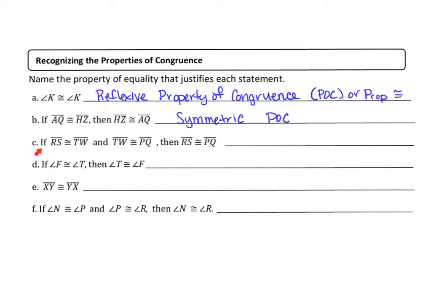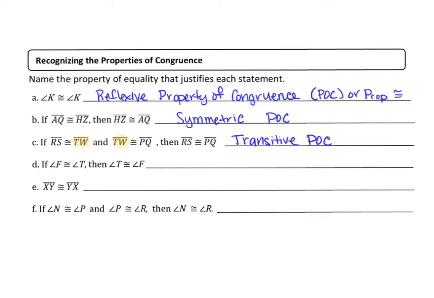Let's look at letter C. If segment RS is congruent to segment TW, and segment TW is congruent to segment PQ, then segment RS is congruent to segment PQ. What property is this? Because you have two segments that are both congruent to segment TW, that means these two segments are congruent to each other. This is transitive property of congruence.